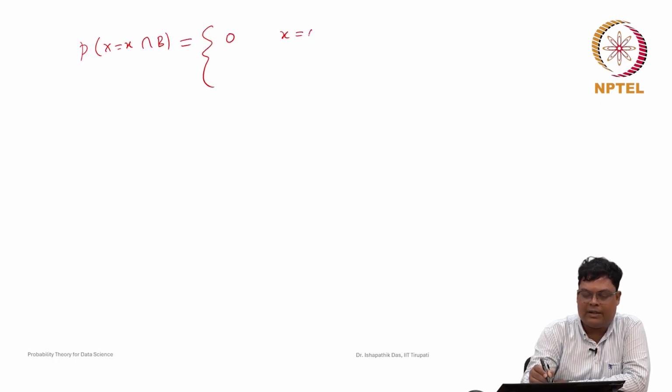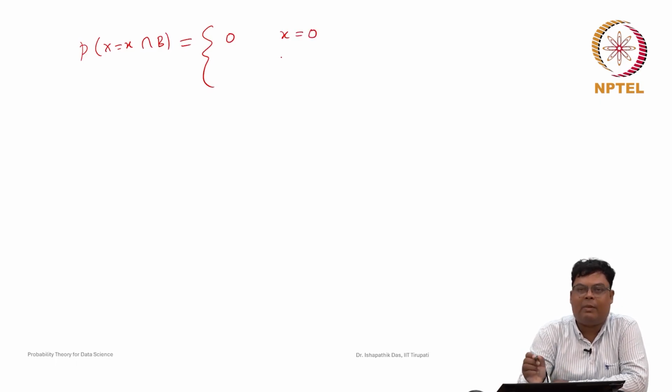So, hence the probability that X is equal to x intersection B can be written as 0 whenever x is equal to 0. For any other value the intersection is the event itself, because X has non-zero probability at x whenever x belongs to 1 to n. So, this probability is nothing but P(X = x).